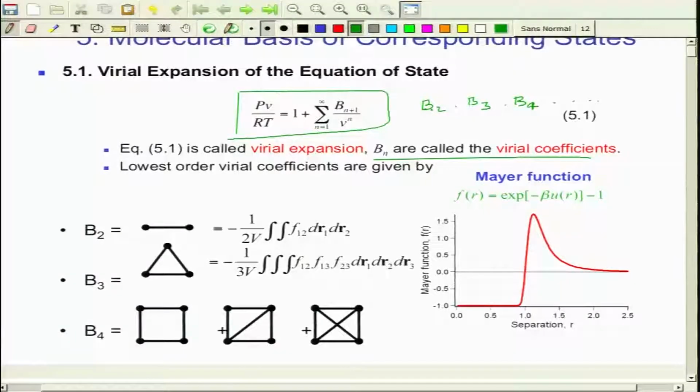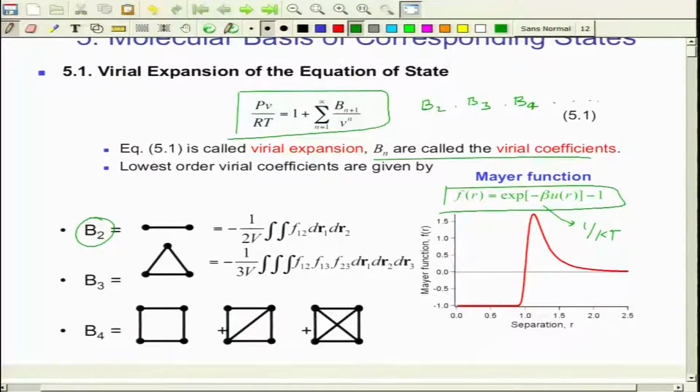The way it is represented in statistical mechanics is that B2 is basically two particles connected by a Mayer bond, which is given by the function f. f is the Mayer function, which is exponential of minus beta U, where beta is 1 by kT, and U is the potential energy between these two molecules or two atoms in this case.